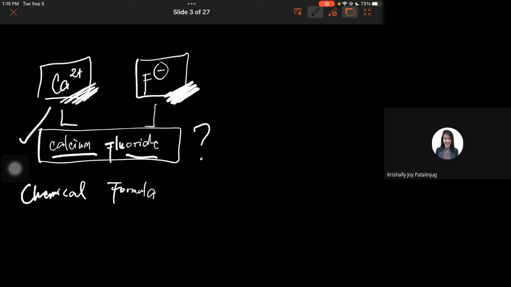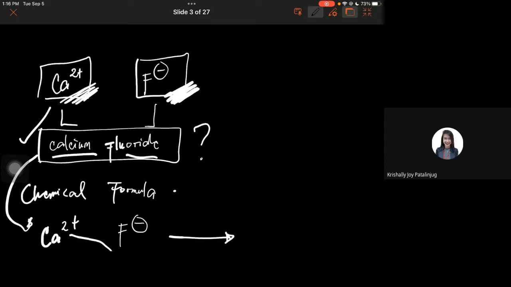That's why I told you to memorize the ions as early as our class orientation. I told you to memorize the list of ions. Calcium is Ca2 plus, fluoride ion is F negative. So to write the formula, crisscross: you cross over the numerical charges. Okay, try to observe.